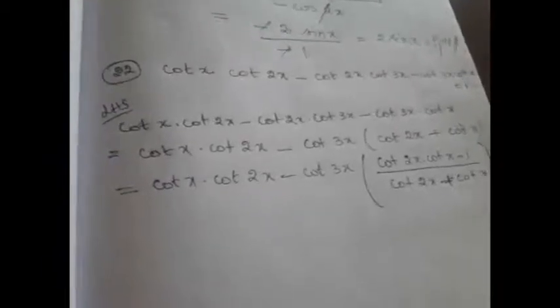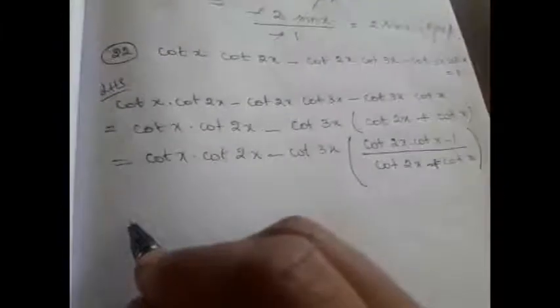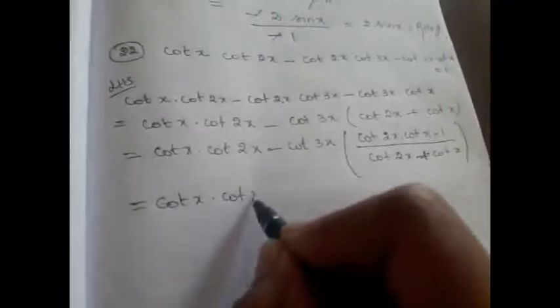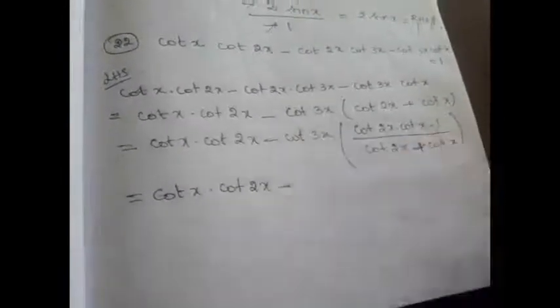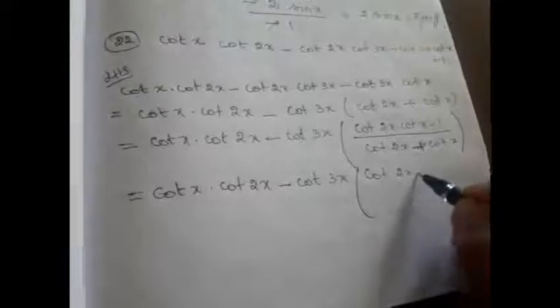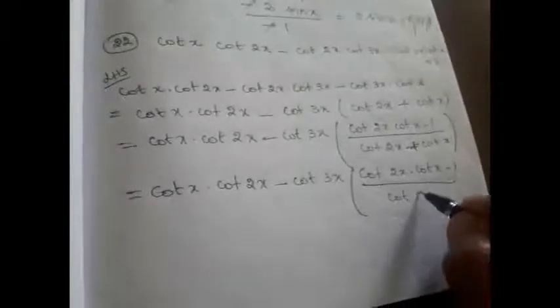You can either remember the formula by keeping the angles as x and y or a and b, as you wish. So which is equal to cot x into cot 2x minus this cot 3x, and see this cot 3x, and this will become cot 2x into cot x minus 1 divided by cot 2x plus cot x, which is nothing but cot 3x, right?